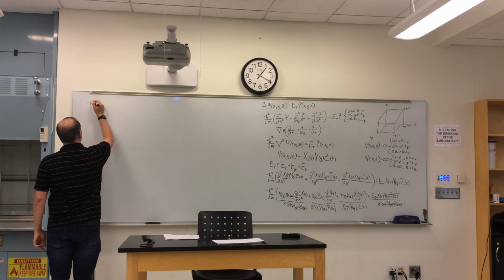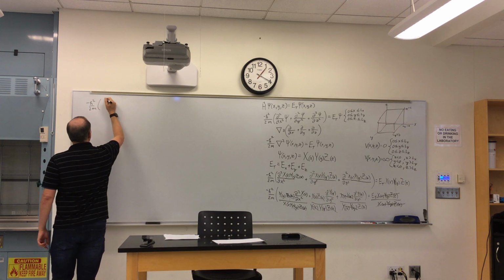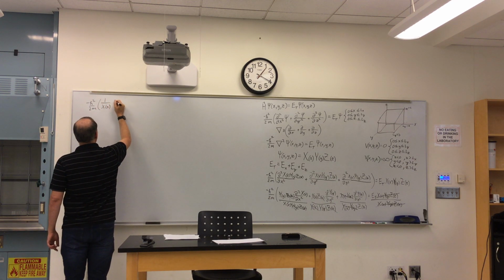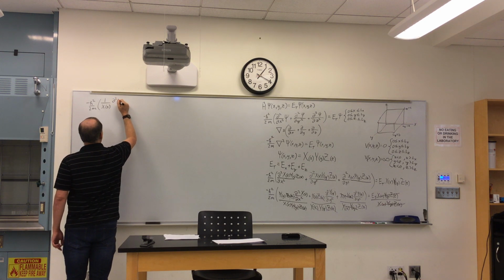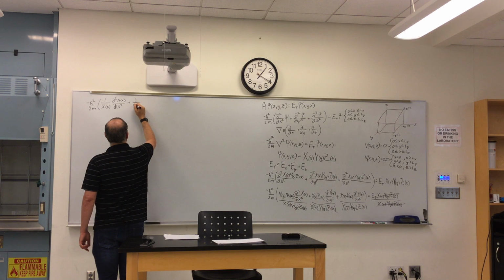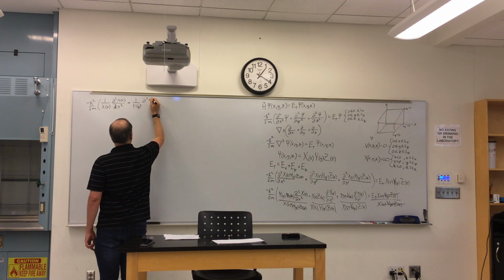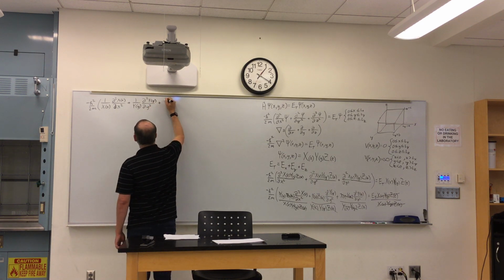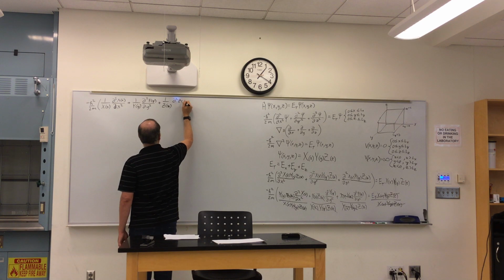is minus h bar squared over 2m, 1 over x of x, del squared x of x, del x squared plus 1 over y of y, del squared y of y, del y squared plus 1 over z of z, del squared z of z, del z squared.